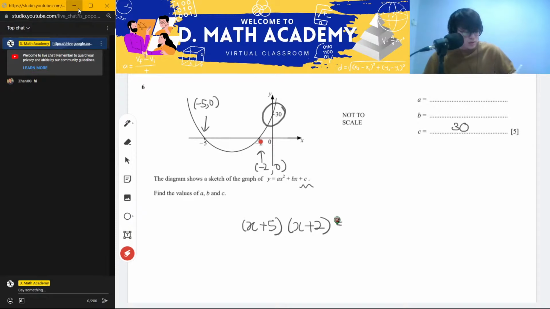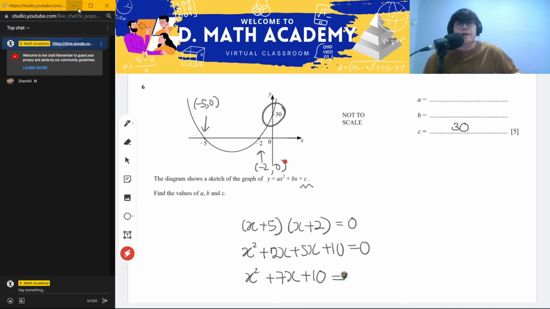Then when I expand this out, I will get x squared plus 5x plus 2x plus 10 equals to 0. So I get x squared plus 7x plus 10 here. This is through the expansion.